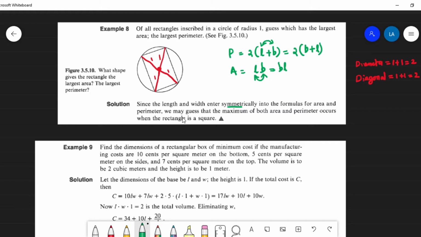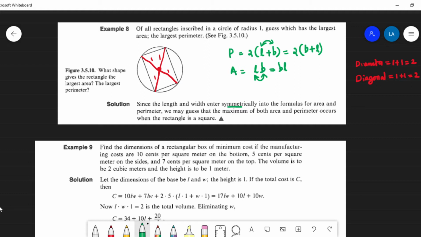So we understand that the maximum of both area and perimeter will obviously occur when the rectangle becomes a square, because whenever we interchange breadth and length, they appear symmetrically in the formulas.